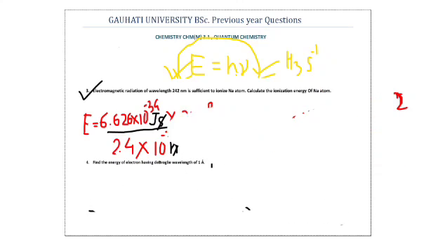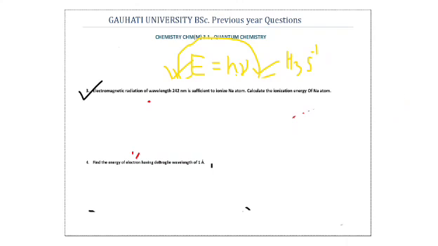So here we have: find the energy of an electron having de Broglie wavelength of 1 angstrom. It is a very simple question.